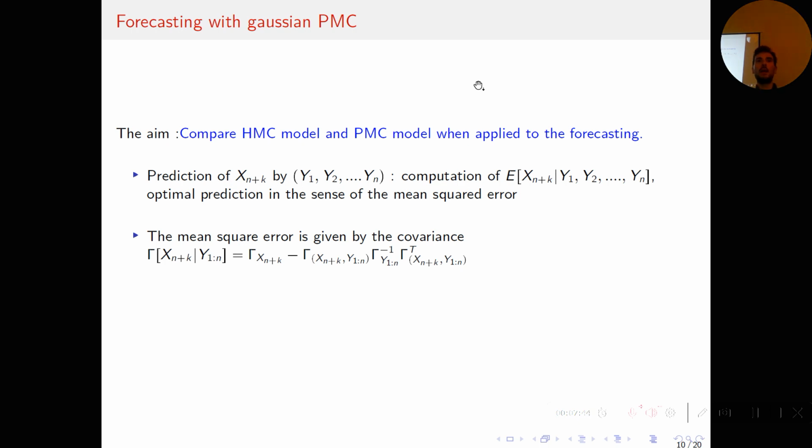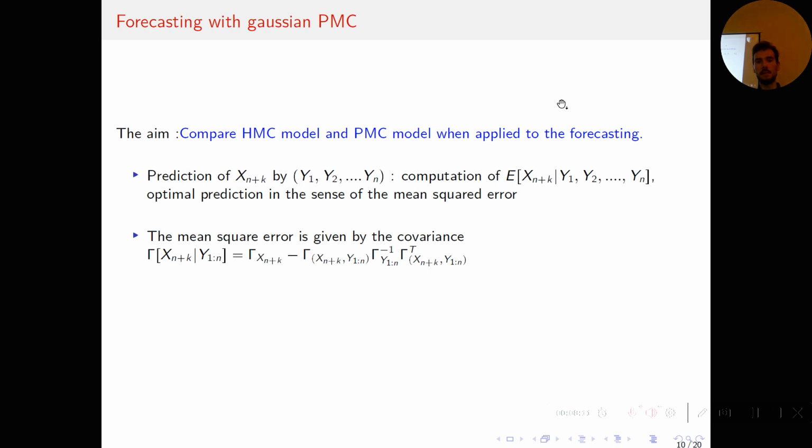So the aim of this work is to compare HMC and PMC when applied to forecasting. There are 2 main terms to compute. The first one is this conditional expectation: the conditional expectation of x at time n+k, so a prediction at horizon k, given the vector y1 to n.